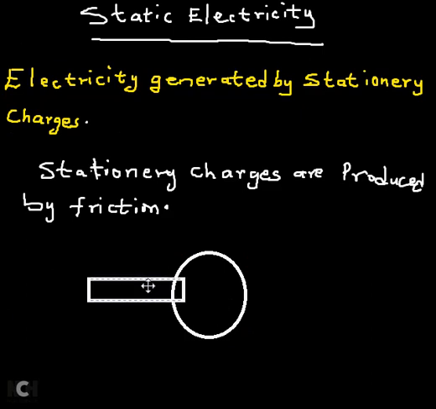If I rub this rod on this sphere for a very long time, I will notice that the sphere will have a charge opposite to that of the rod. Let's say the sphere acquires positive charge; then the rod will definitely acquire negative charge.